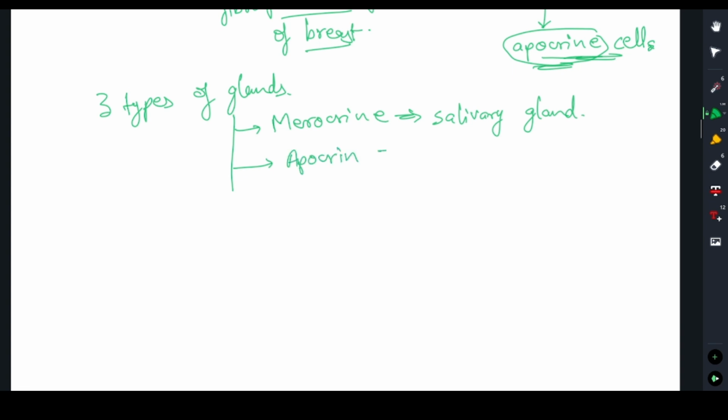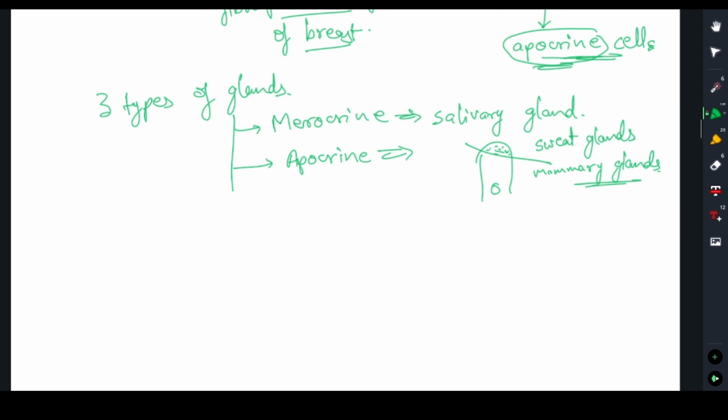In the apocrine gland, there was not a secretory vesicle. Instead, the apical part of the cell, let's say this is the cell, the apical portion used to be pinched off with the secretory product. So this was the apocrine gland, and examples are sweat glands and the mammary glands.